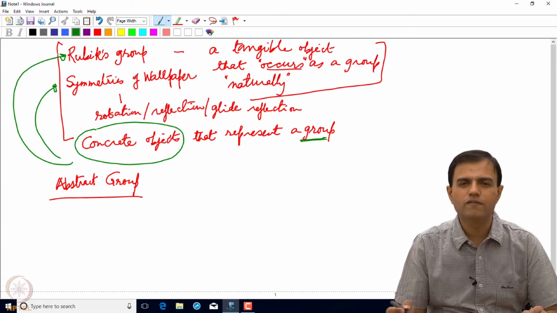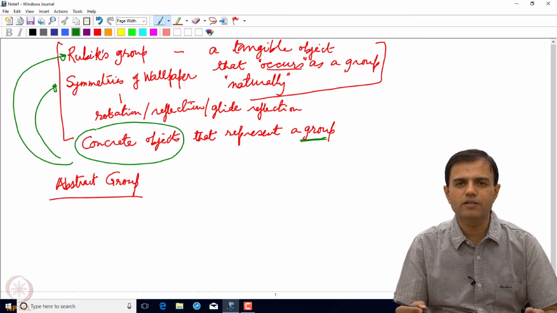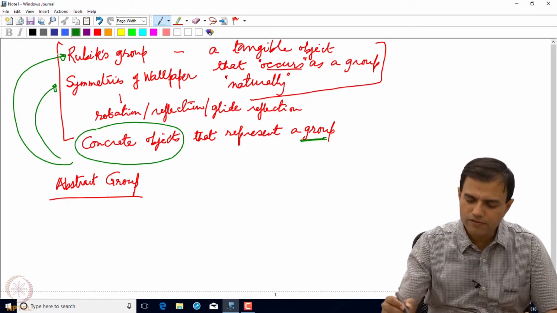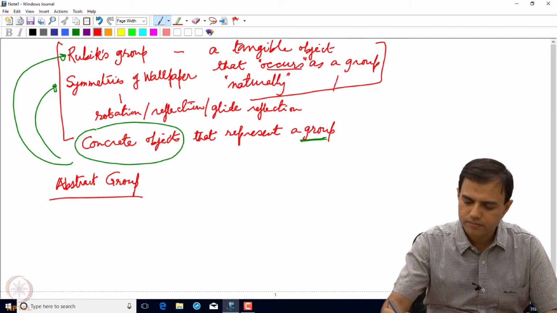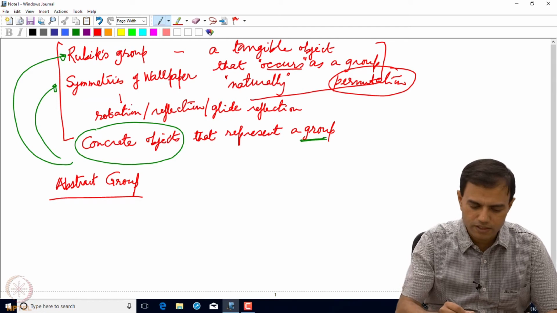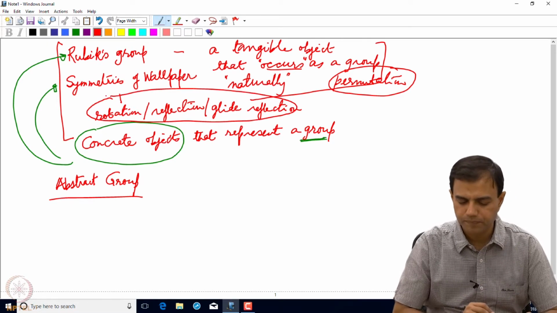So for us, it's always good if we could represent a given abstract group in some meaningful fashion. So here the meaningful fashion was permutation, and here the meaningful representation was all this: rotation, reflection, glide reflection, all these things.